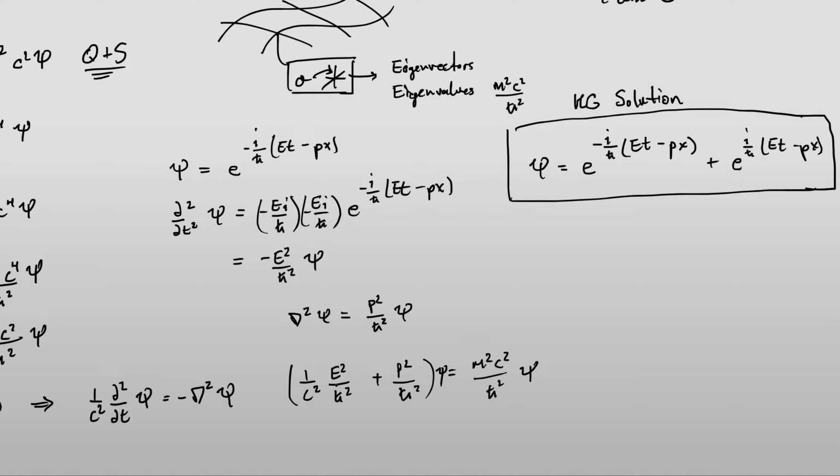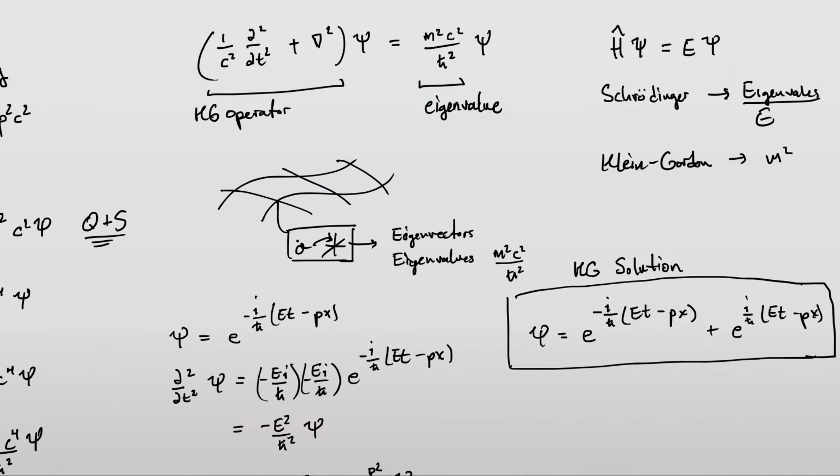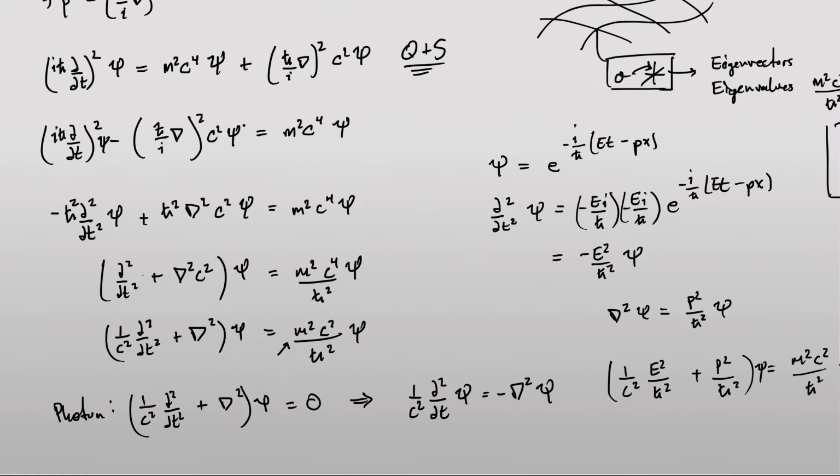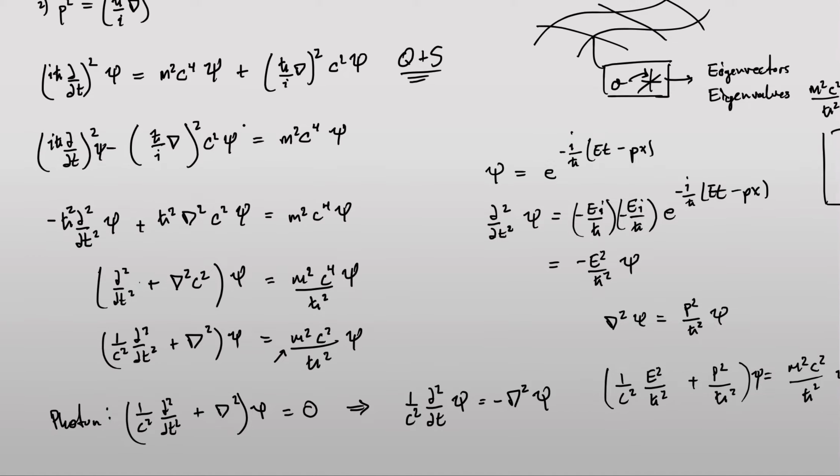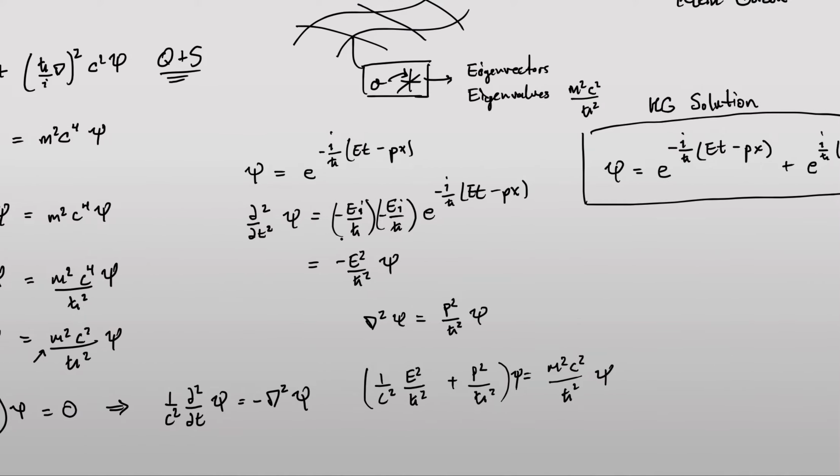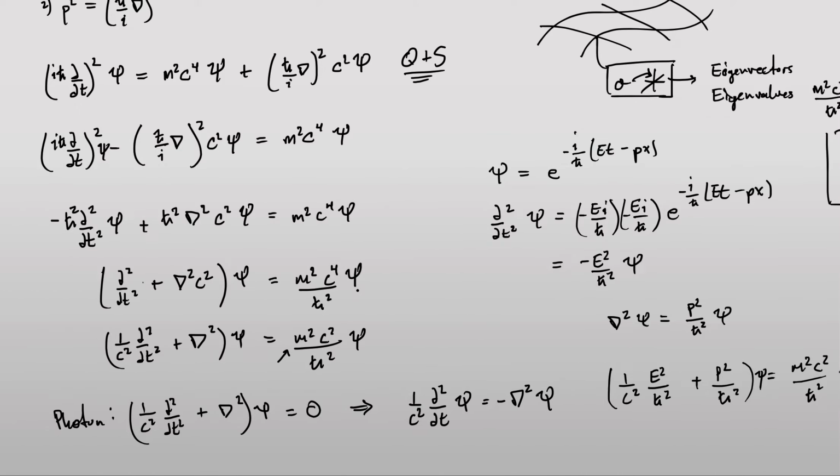positive energies, because when we put this back into the Klein Gordon equation, this negative... I missed a negative somewhere. This here, I believe. Let me see here.